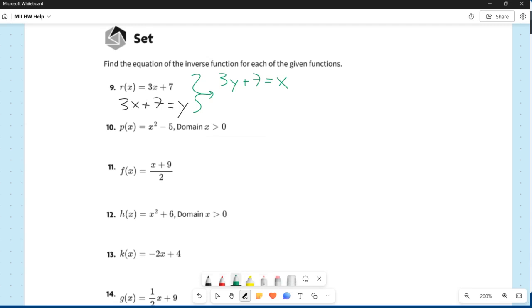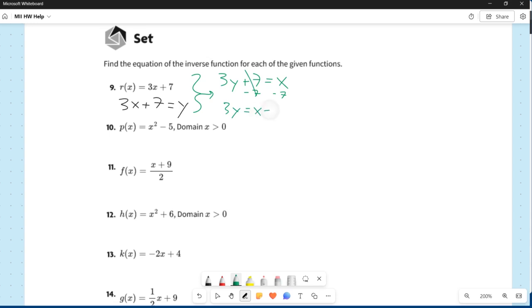So I have a y, it's on the left, and I want to get that y by itself. I want to get y equals. And that's going to give me my inverse function. So I have to deal with the 3 and I have to deal with the 7. First thing I have to deal with is the 7. So we're going to subtract 7 from both sides. And that gives me 3y. That cancels.